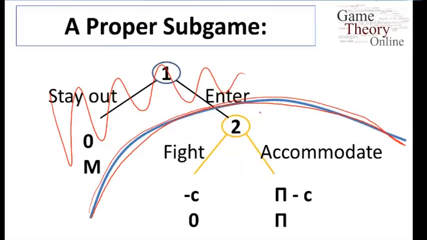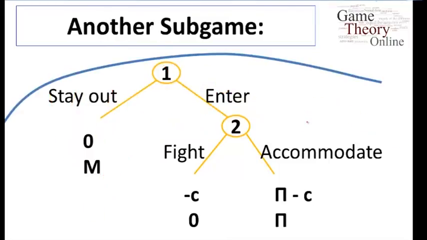We can think of this as an extensive form on its own, and then solve that and make predictions about what's going on here. So that's one subgame. Another subgame is the entire game. We start at this node, and it includes all the game that follows the node where player 1 moves. So this is another subgame.